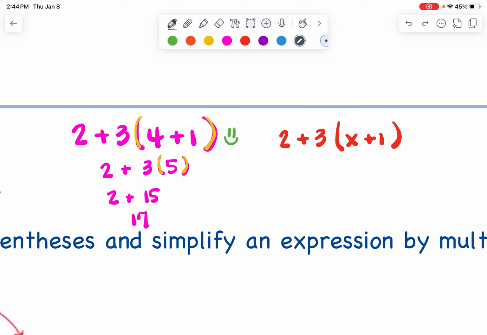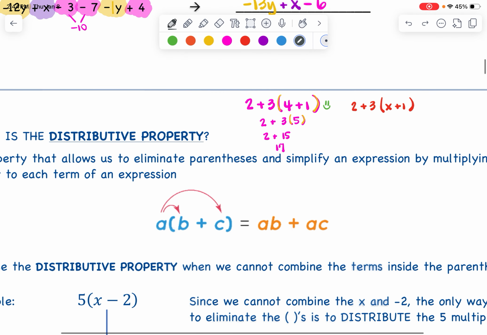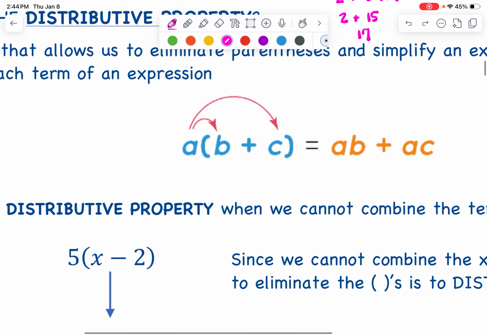So what do we do? Well, distributive property to the rescue. The distributive property tells us that if you have a pair of parentheses, you will always have a number multiplier in front of the parentheses. And if you don't see one, then it's an understood 1. Every parentheses will have a number directly attached to it showing multiplication.